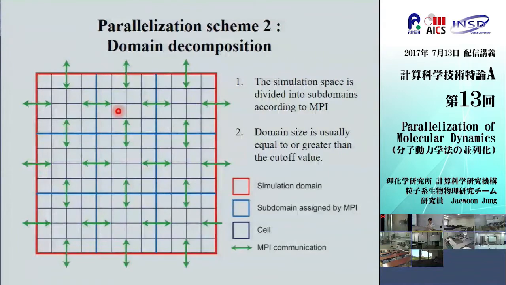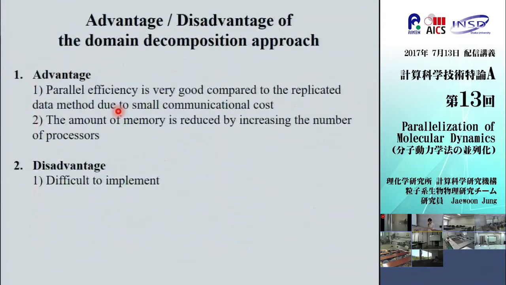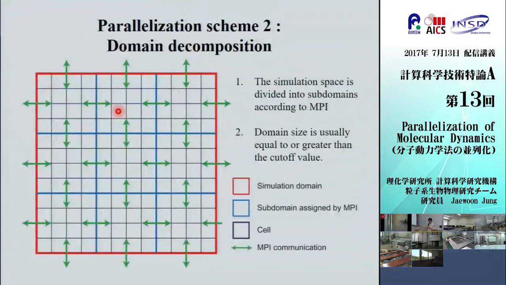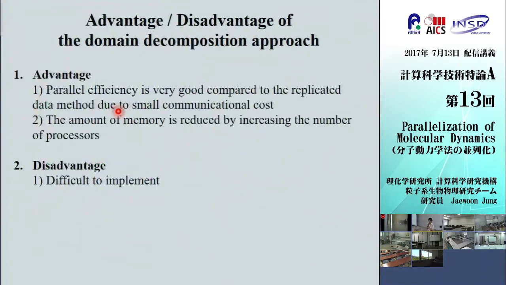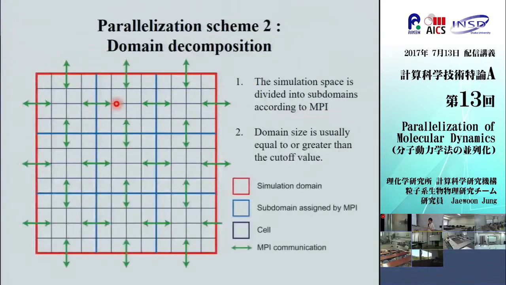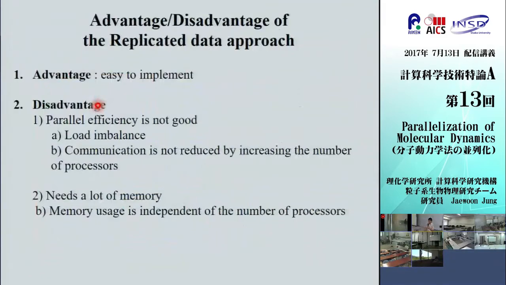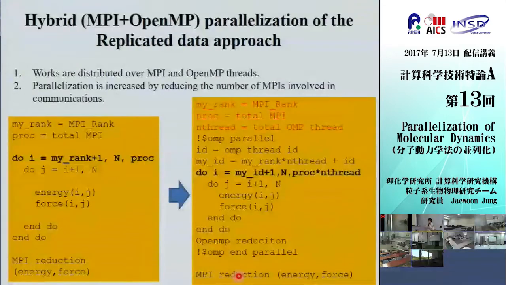The good thing is that, first, we can reduce the communication cost. In this case, we only require communication between neighboring domains. But in the case of the replicated data approach, we need a reduction over all processors.